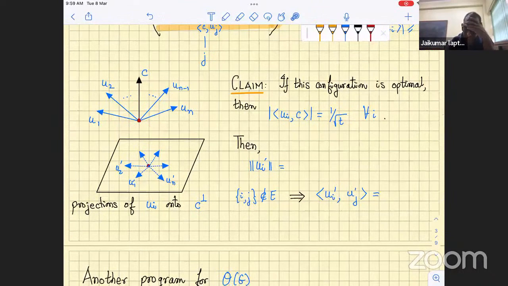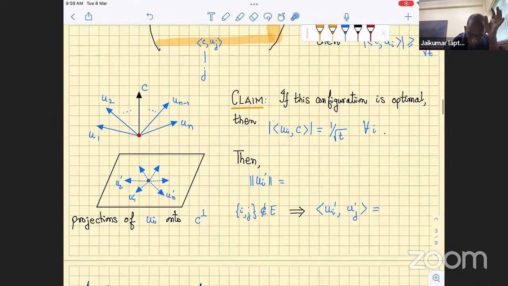I would like you to think about this a little more. It turns out, and we saw this in many of our examples when we were trying to compute the Lovász theta function for various graphs, that we were taking some vectors and then choosing a handle, and the handle was somehow symmetrically placed. That is, the handle always made the same angle with all the vectors assigned to the vertices. This is not a coincidence.